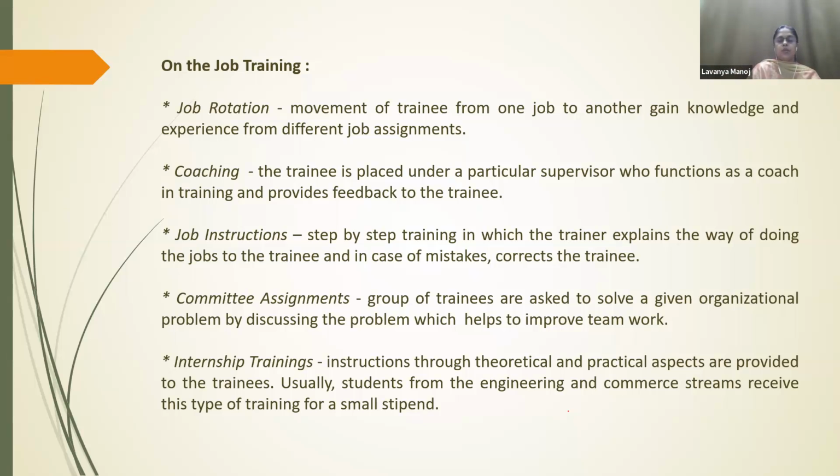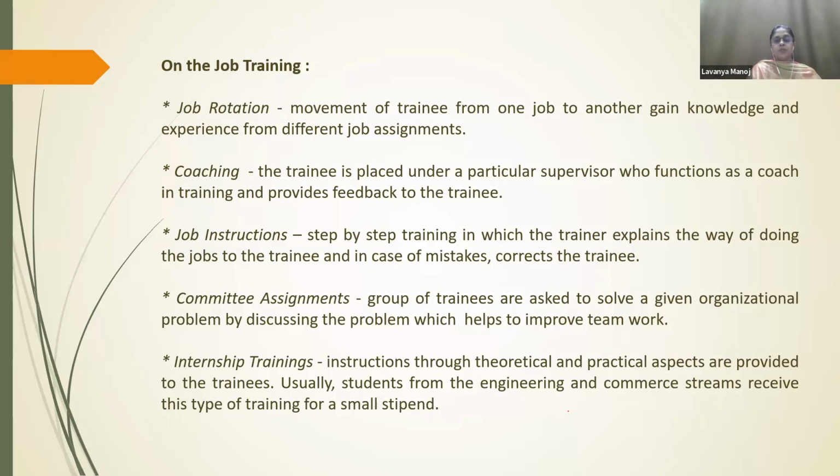In this case, if any mistakes are made by the employees, though it is on the job training, after completing the first process, when the person is doing the second level of the process, if any error happens, it can be rectified immediately before the person moves to the third process. So this is how this goes.